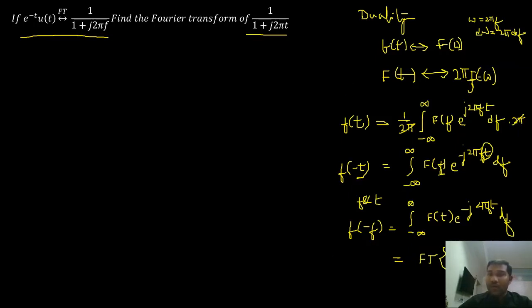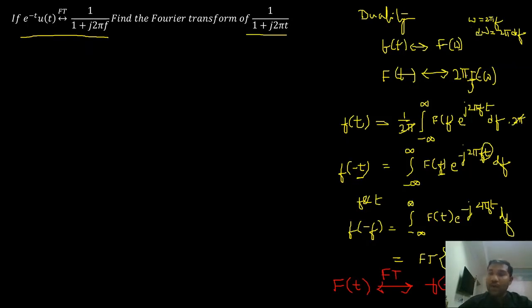So if I change the variable from omega to f, what will the Fourier transform look like? According to the duality theorem, capital F of t has the Fourier transform small f of minus f.